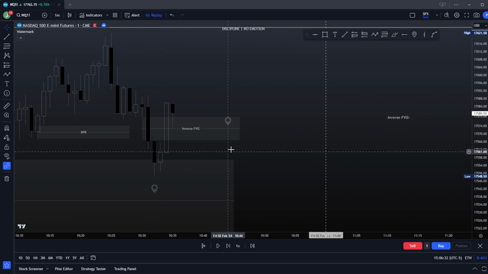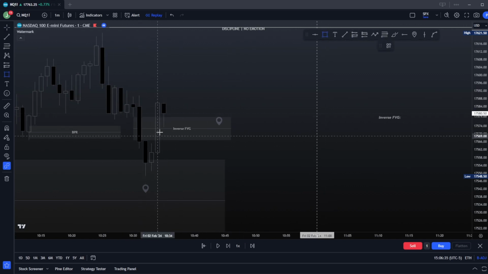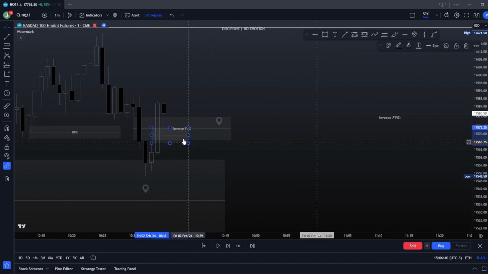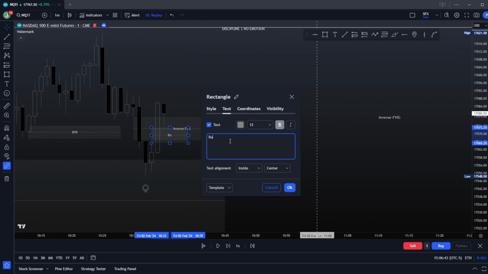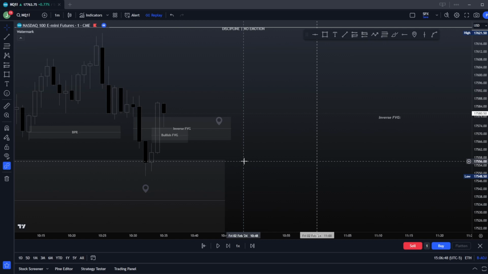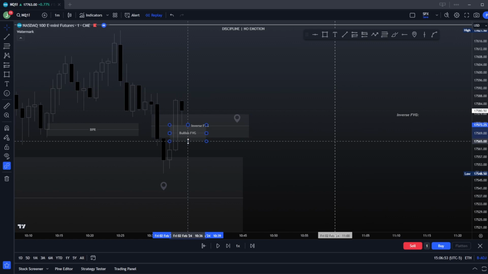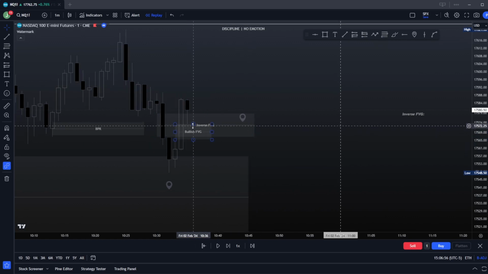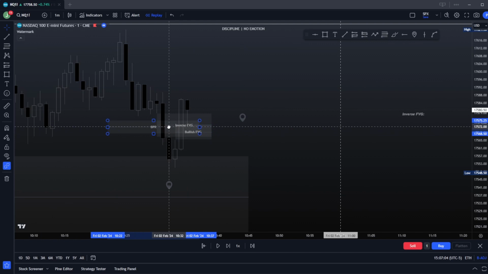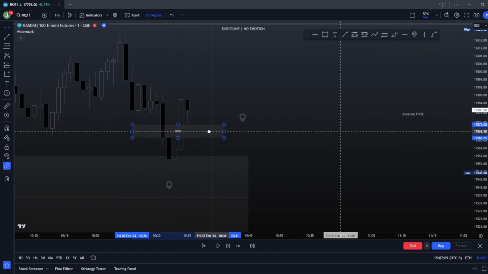But now, when we displace through this, we also have a normal bullish fair value gap. Now see, these overlap. When these two things overlap, that shows you have that double imbalance, and that's essentially what a BPR is.